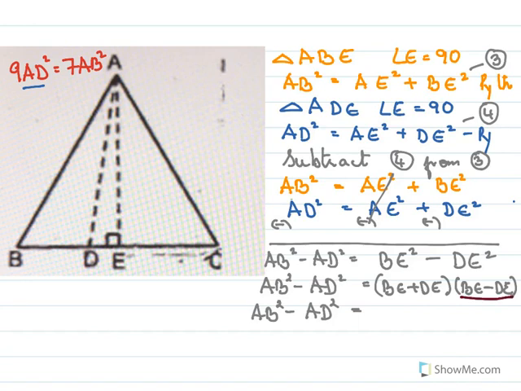Let's take up this bracket. What is BE minus DE? Look up at the figure and let's see what it is. So this is my BE, and from BE I am subtracting DE. What am I left with? BD. So that's what I'm going to write here, BD. For the next part, if you remember earlier, we showed that BE, by property, was equal to EC.